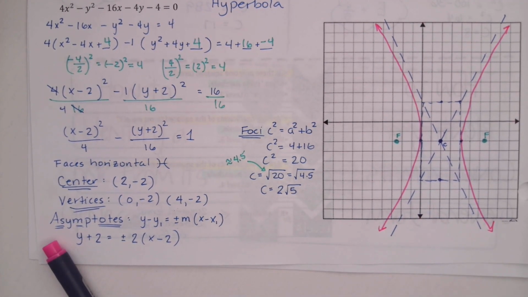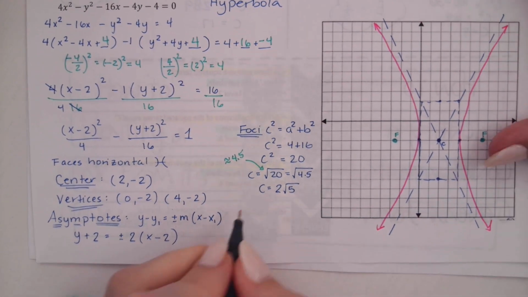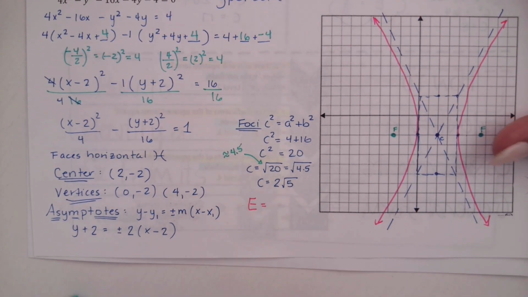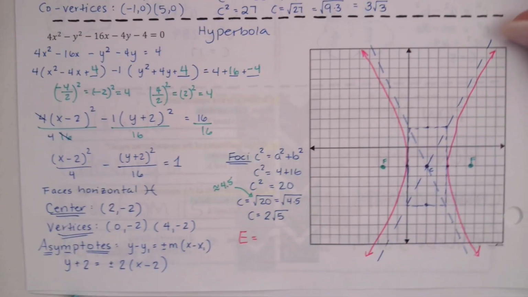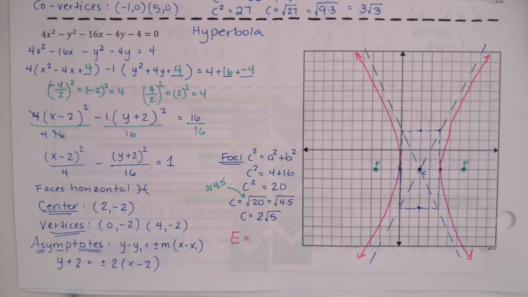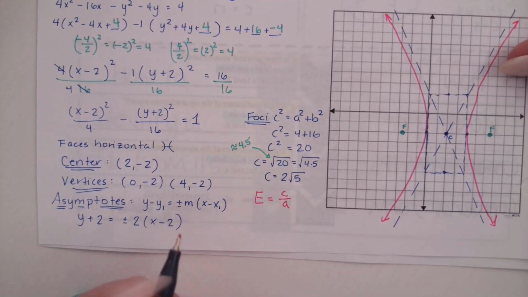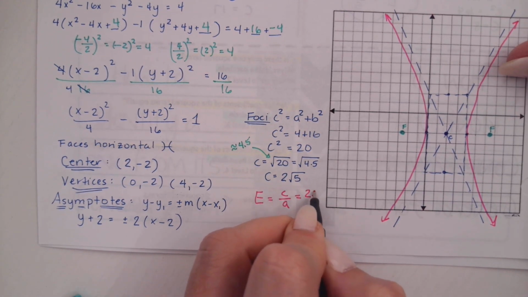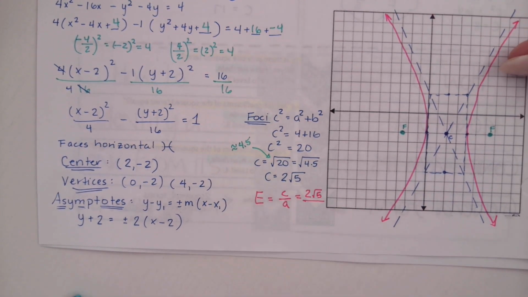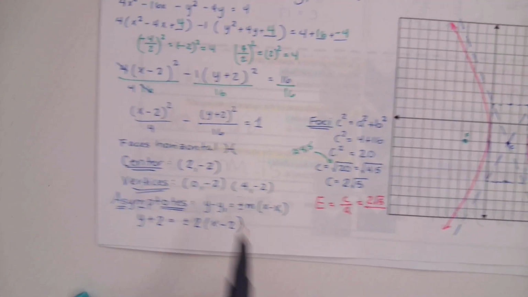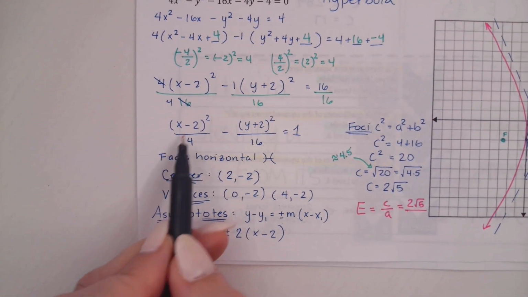All right, last thing we've got to find is eccentricity. For a hyperbola, do we have to calculate it or is it just given? We have to calculate it. It's c over a again. We know our c is 2 square root of 5. a squared is always your first denominator here.